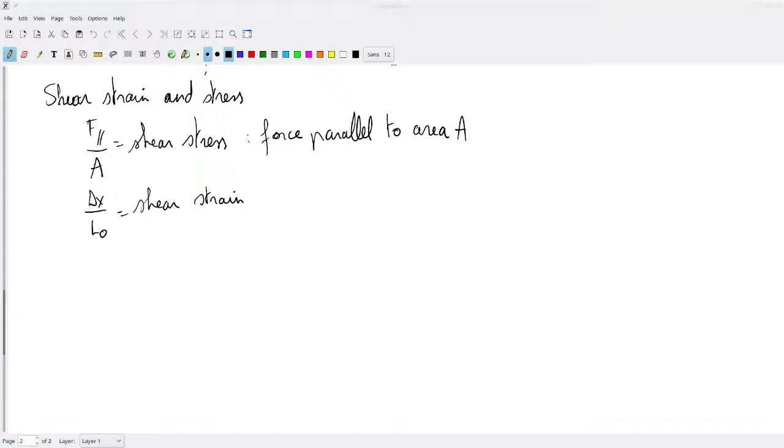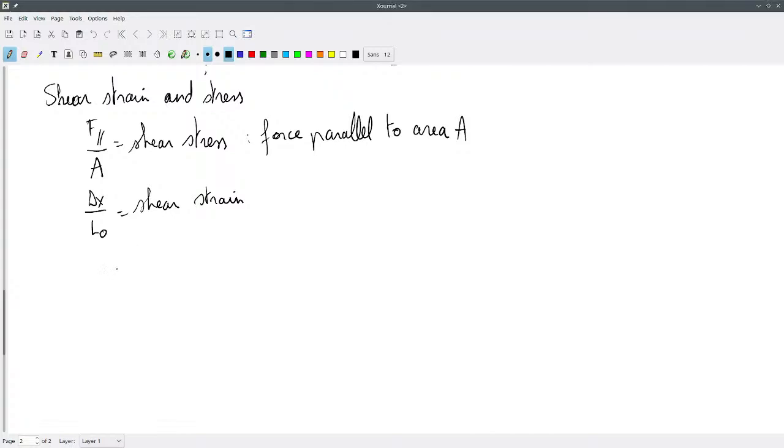And so in shear stress and strain, these are also connected. Now they're connected with S, which is the shear modulus, such that F parallel over A, or shear stress, is S times shear strain, delta x over L0.